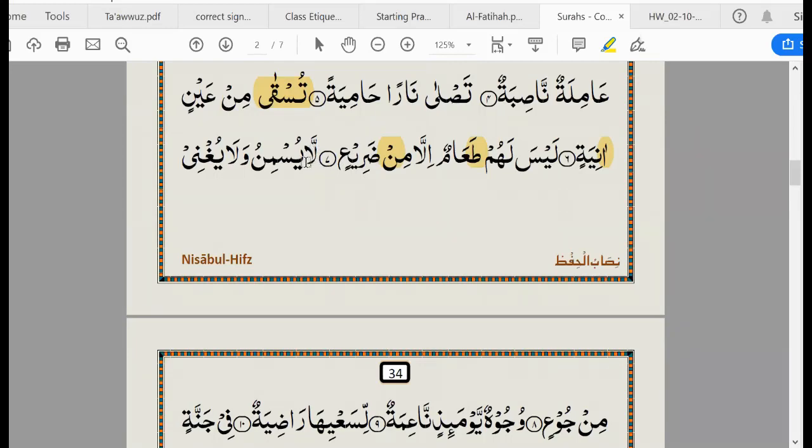La. Okay. لا يسمن ولا يغني من جوع. Again, من جوع. Well done. Continue.